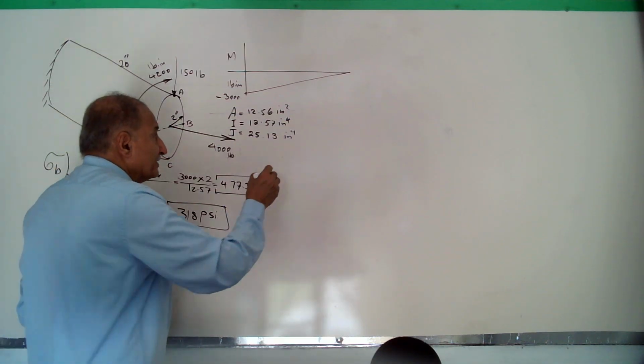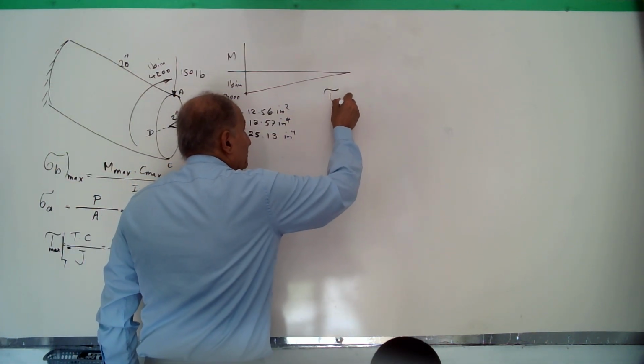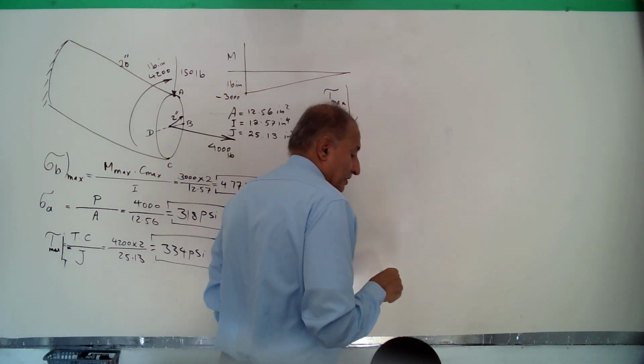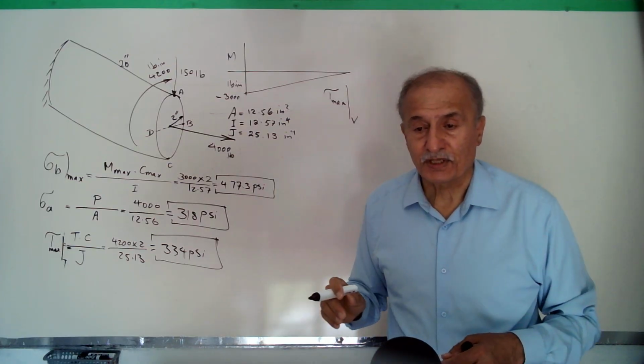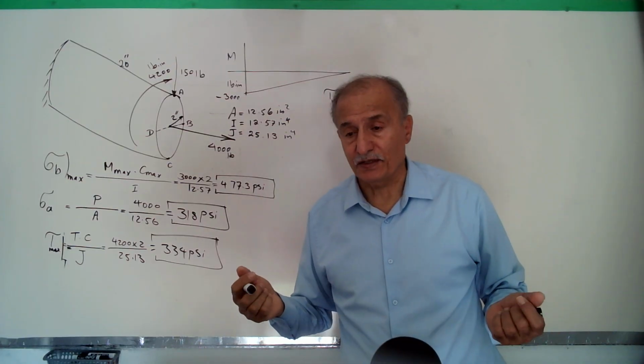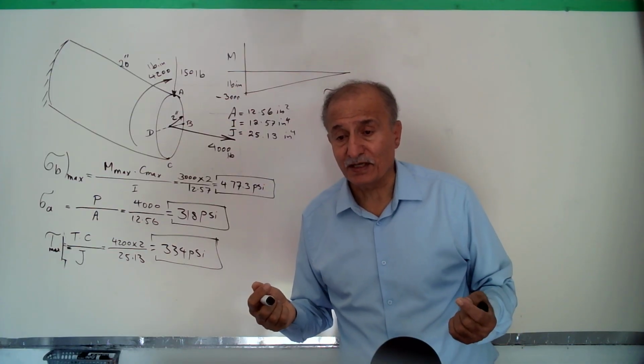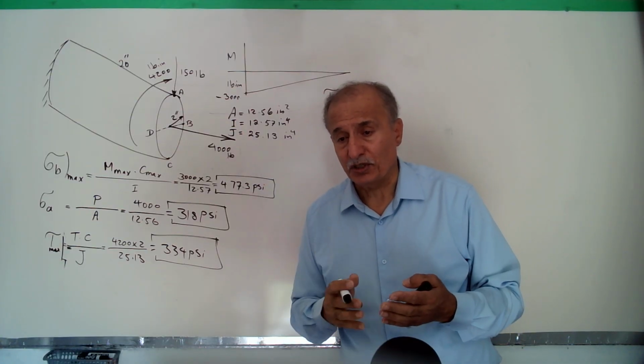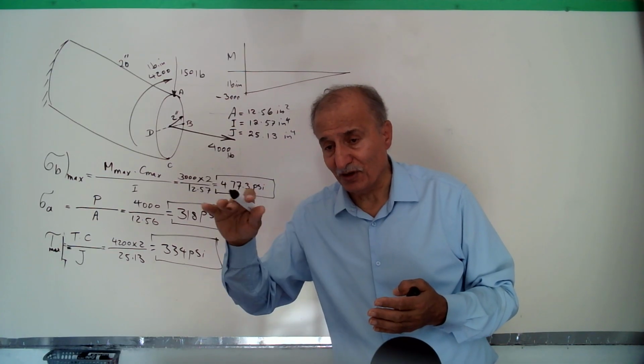And tau max due to transverse shear force produces horizontal shear stress. We call it horizontal shear stress, but it acts in all directions, on the cross sections and on the horizontal layer of the beam.